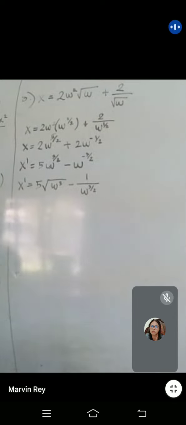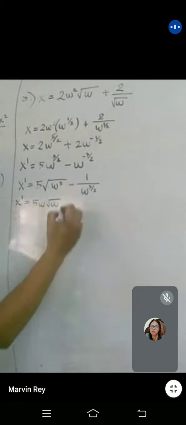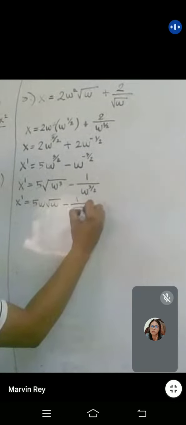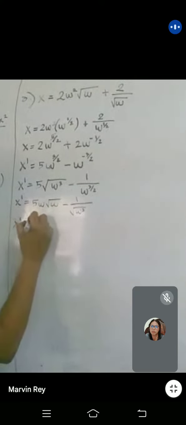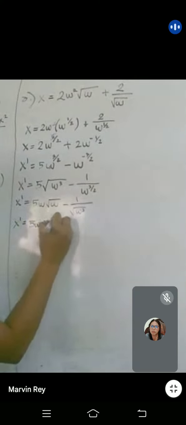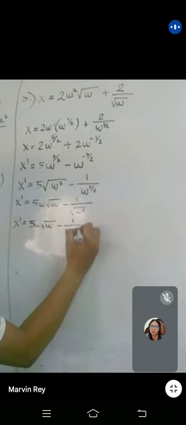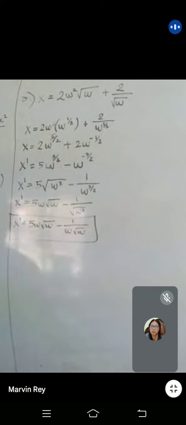Or it can be simplified further. x prime is just equal to 5w square root of w minus 1 over square root of w cubed. So, therefore, x prime is just equal to 5w square root of w minus 1 all over w square root of w. So, this will be your final answer.